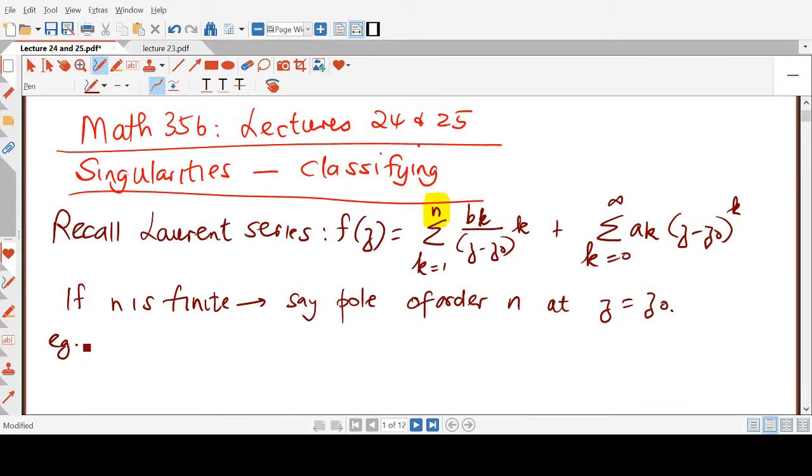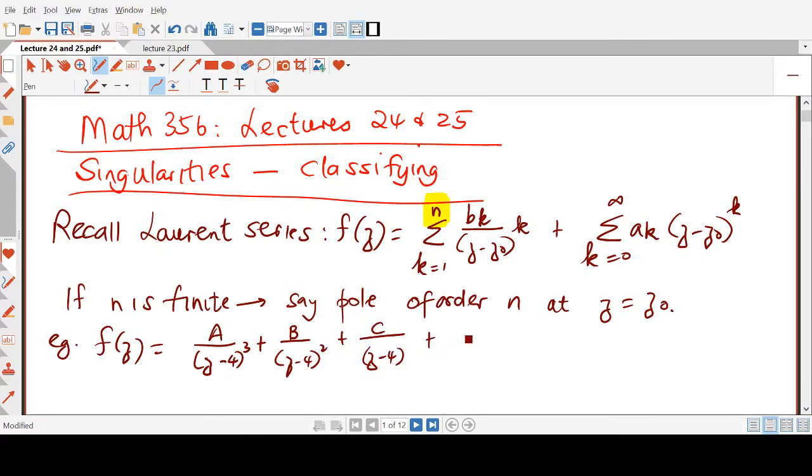For example, if you have a function f of z, let's take something over (z minus 4) cubed, plus something over (z minus 4) squared, plus something over z minus 4, plus a constant term, plus something times (z minus 4) to the 1, plus something times (z minus 4) squared, and so on and so on.